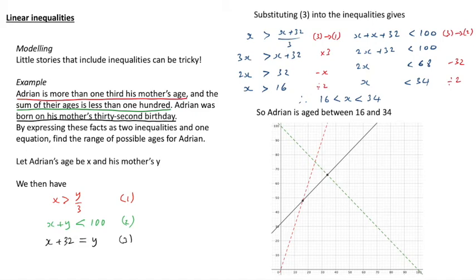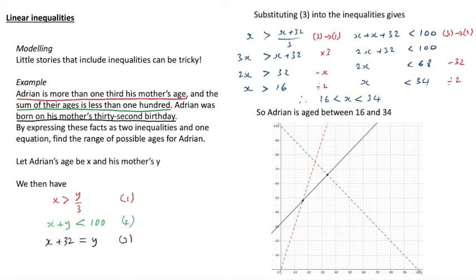For x plus 32 equals y, we've drawn a solid line because the points must lie on it. In fact, if that were an inequality, we would use a solid line if the boundary is included, so if it's less than or equal to or greater than or equal to.